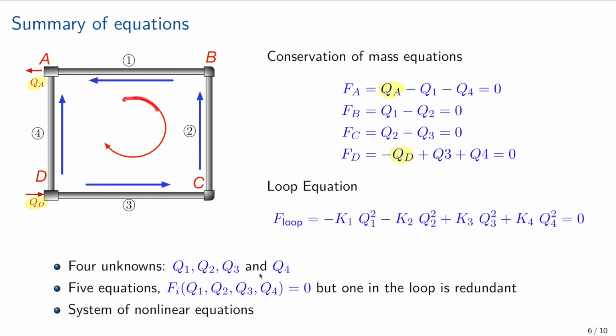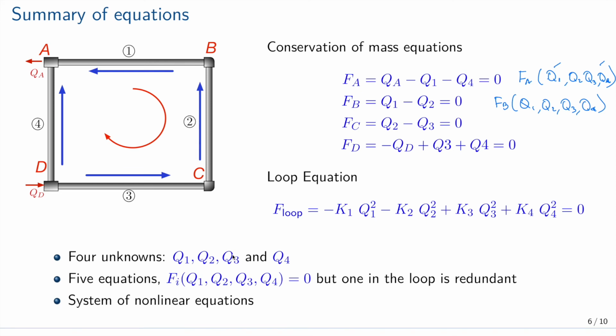So if they are opposite, the sign is negative, like in all of these cases, and positive in the last because they are in the same direction. And the terms are the k constants multiplied by the flow rate squared of the pipe.